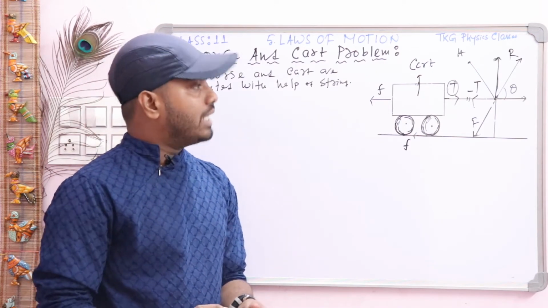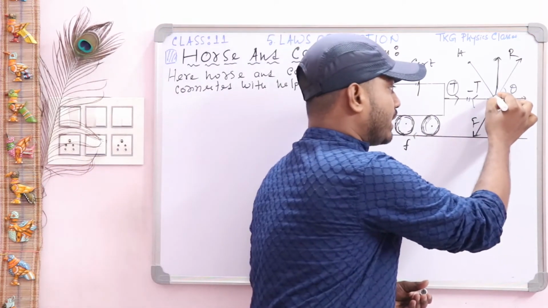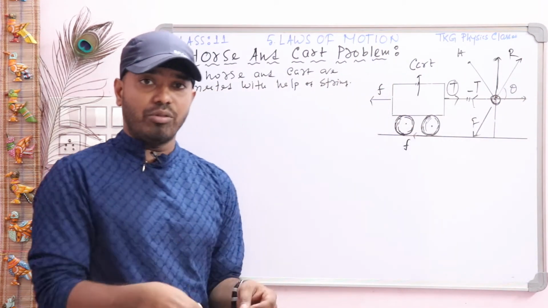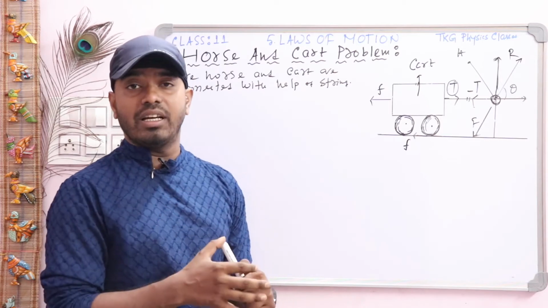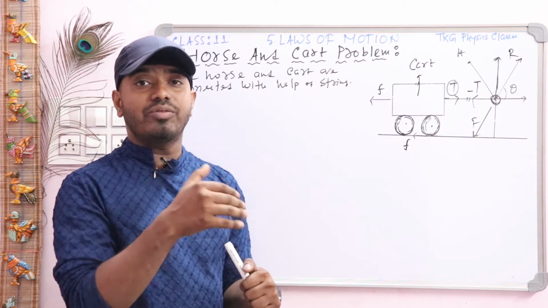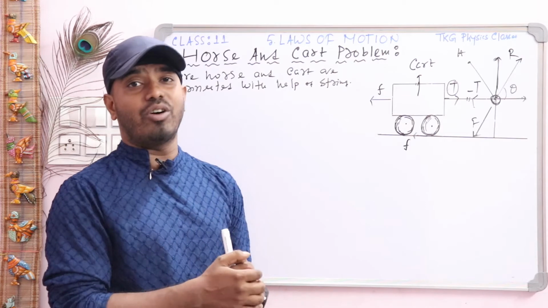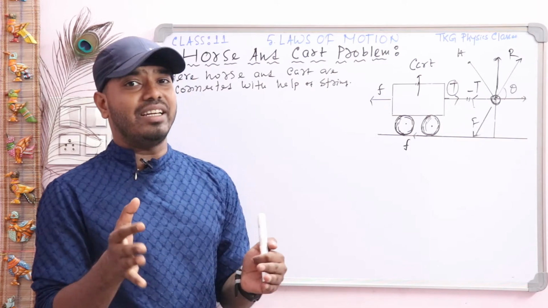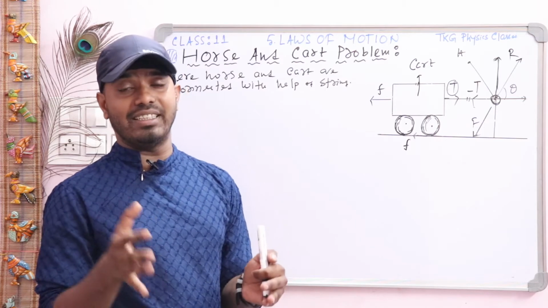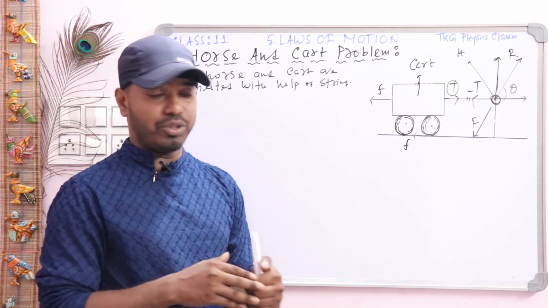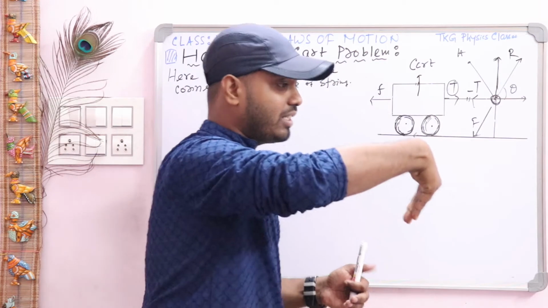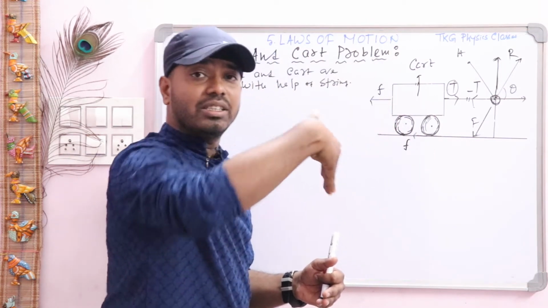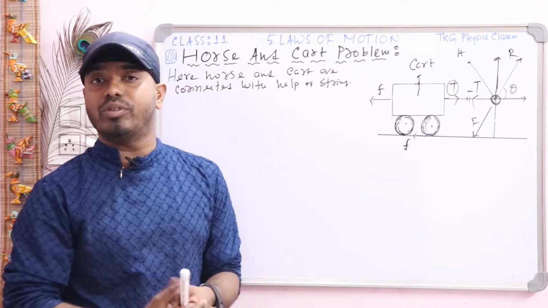Okay, now in this position the horse applies a force on the ground, but think about what is the direction of the force applied by the horse on the ground. All of you know the initial position of athletes on a racing track. They apply a force on the ground in this direction so that they can apply the maximum amount of force.